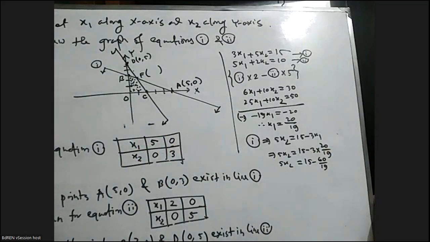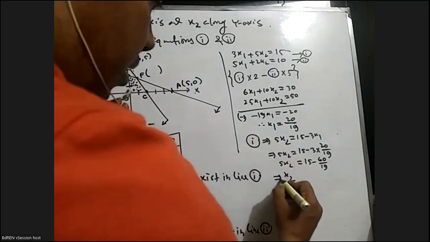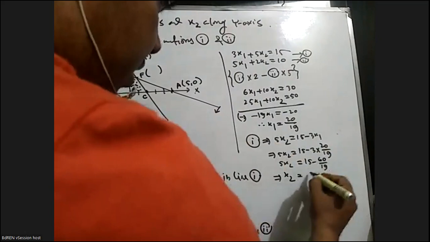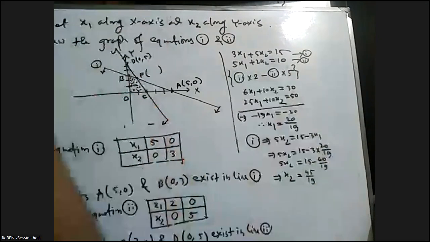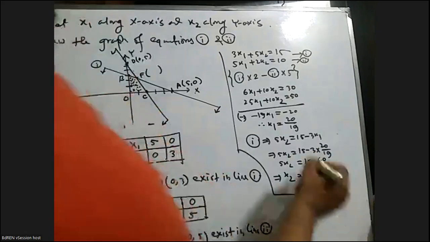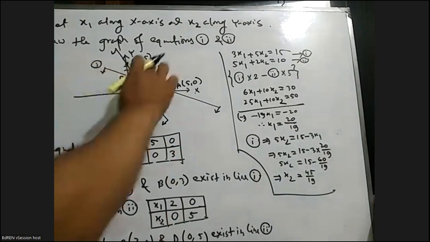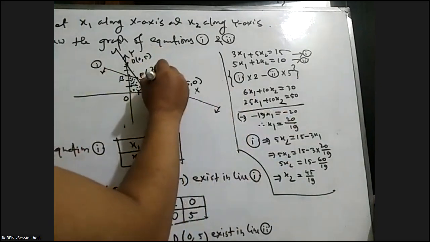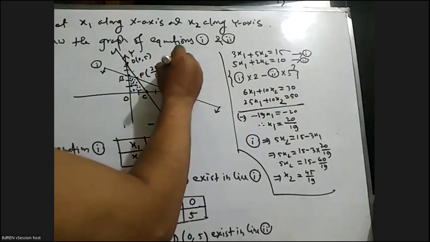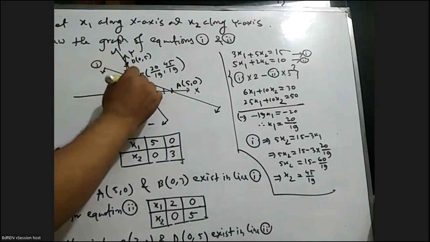So dividing by 5 on both sides and taking LCM, we get 45 by 19. X2 equals 45 by 19. That means the F point will be x1 equals 20 by 19 and x2 equals 45 by 19. Okay. And this is the shaded region for us.